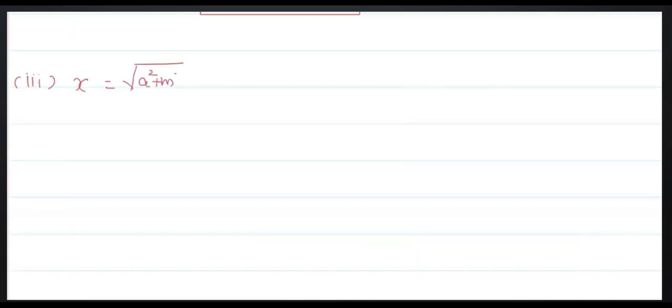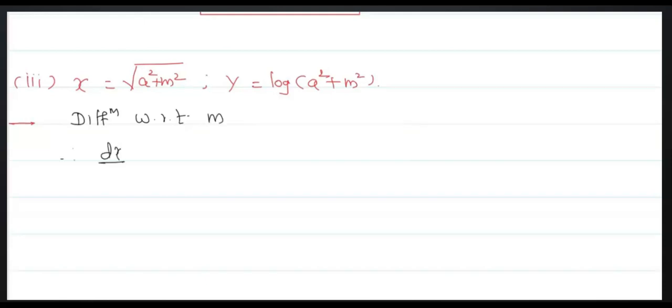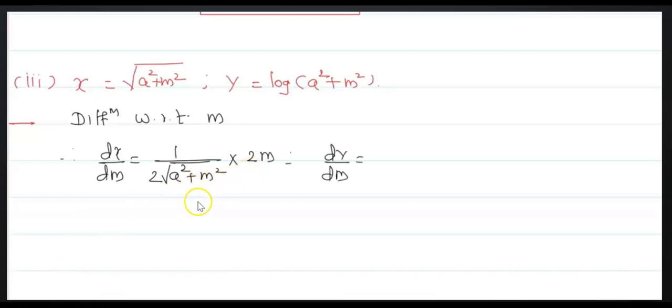Third, x is equal to square root of a square plus m square, y is equal to log of a square plus m square. Now differentiate this with respect to m. dx/dm is equal to 1 upon 2 square root of a square plus m square into the derivative of a square plus m square. The derivative of m square is 2m, and the derivative of a square is 0.